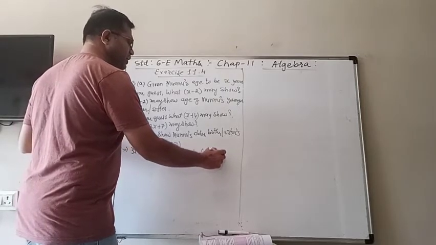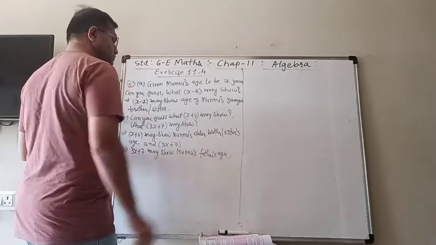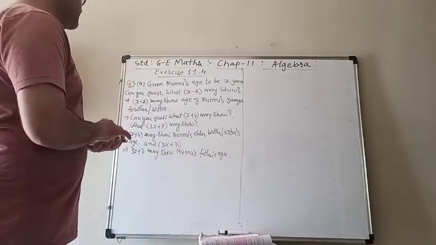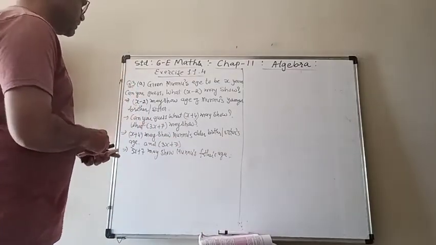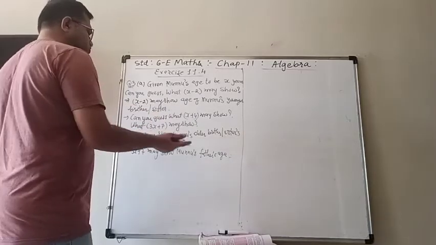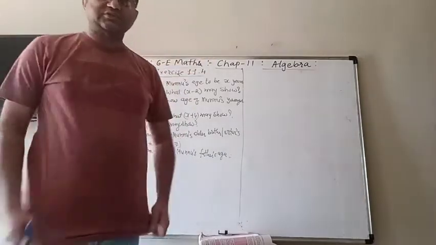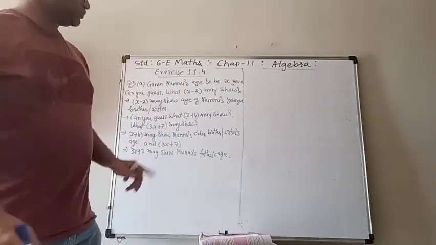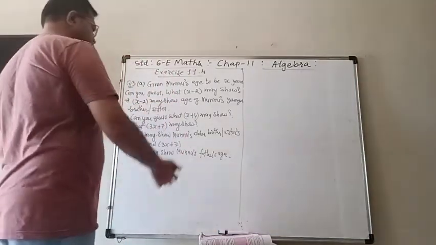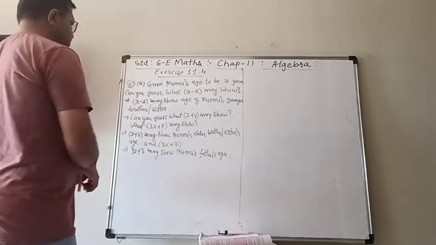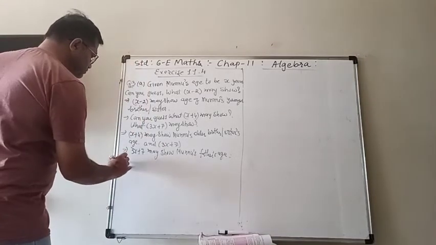So you have to think about the relation and the difference between the ages, because plus 4 and minus 2 cannot be older people or your parents. So it must be a brother or sister, and according to that we can write it.